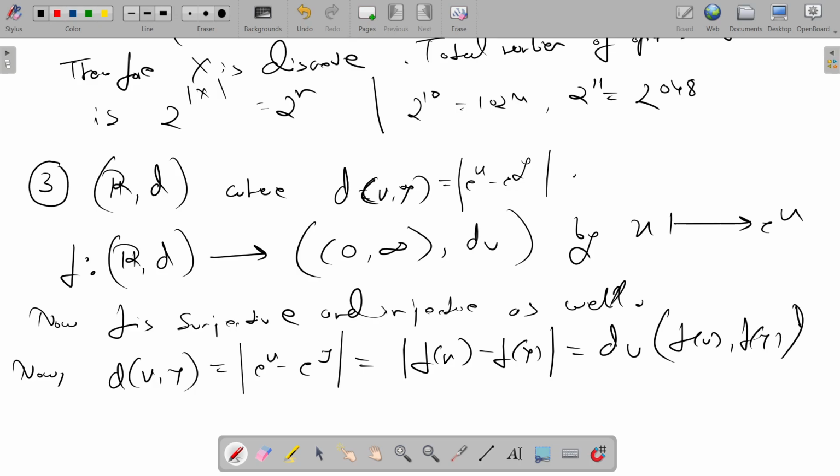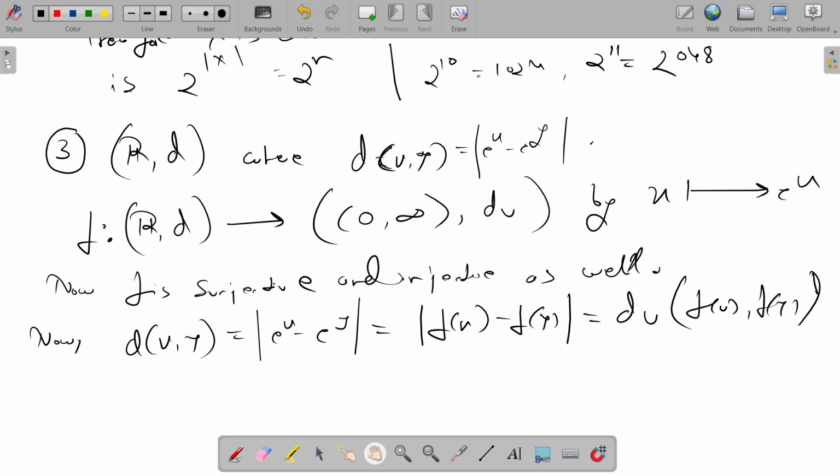So basically, the map preserves distances, so this is an isometry.